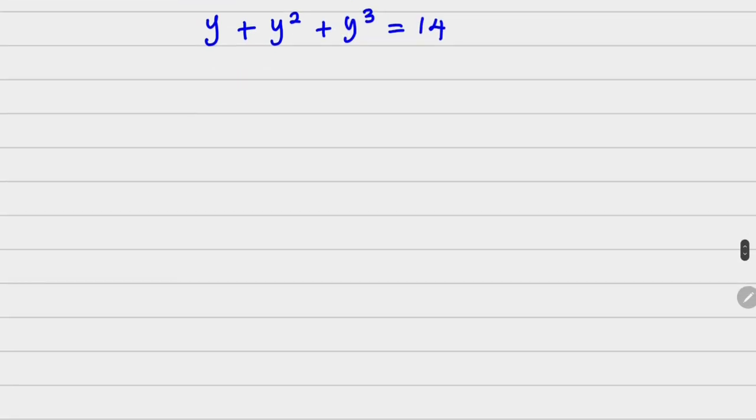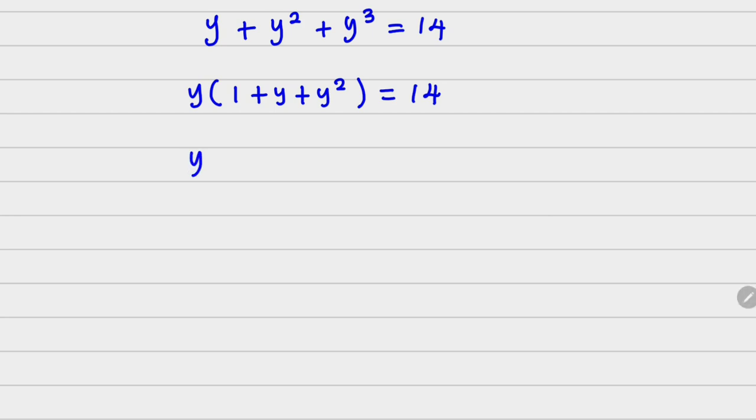At this juncture, I can decide to factorize, so that I'm going to have y into 1 plus y squared is equal to 14. Now, I factorize it to a particular stage where I'm going to apply some kind of a trick to help me solve this question.